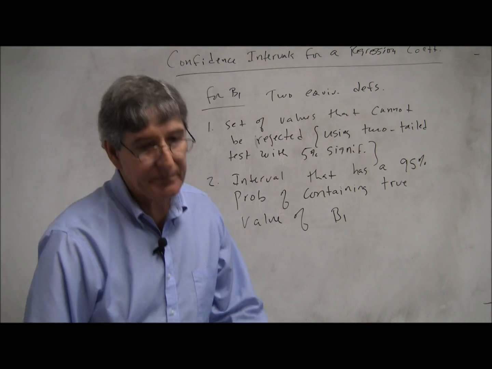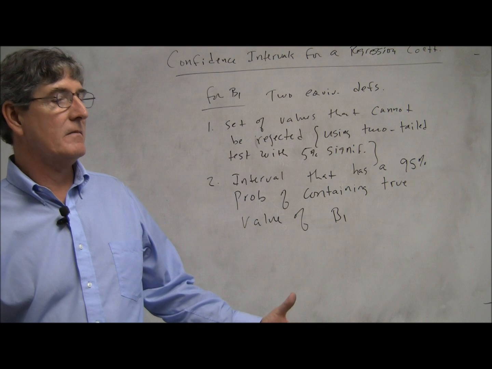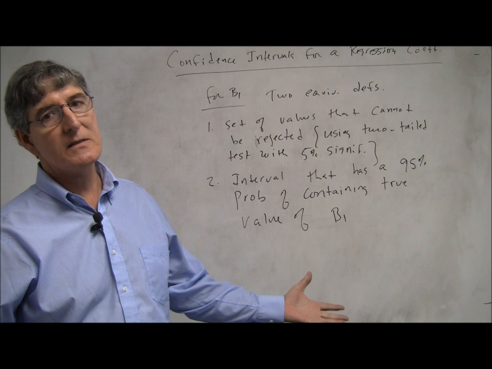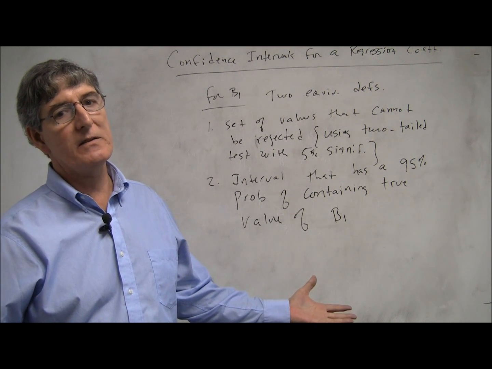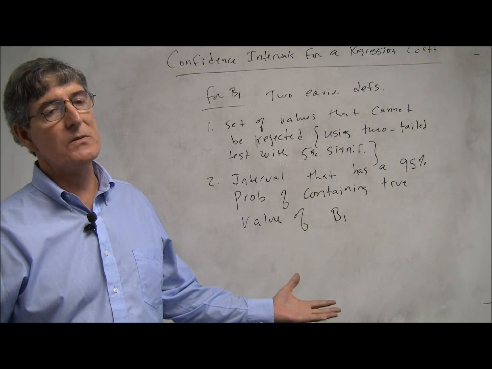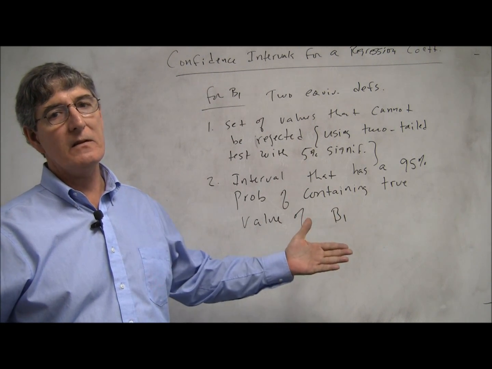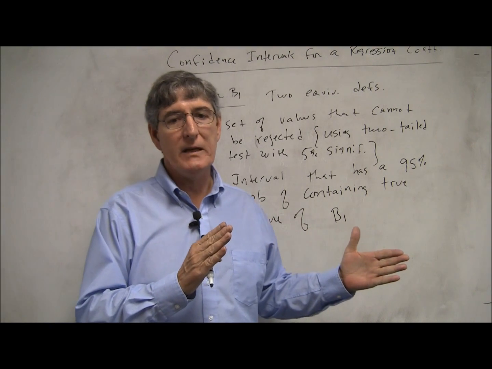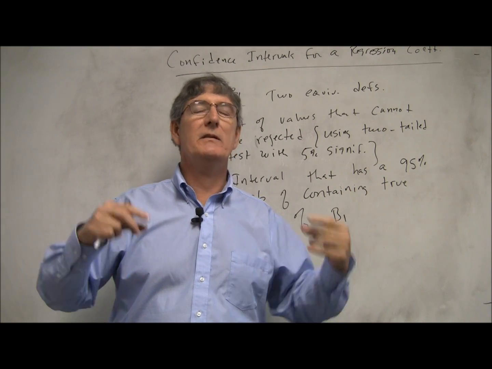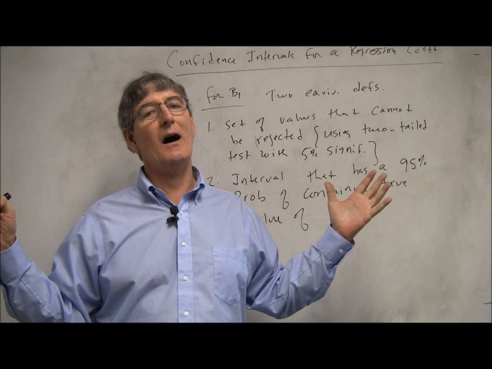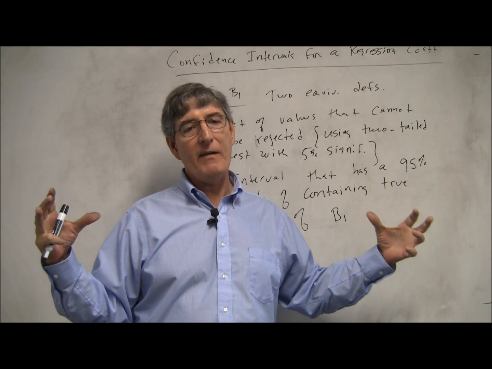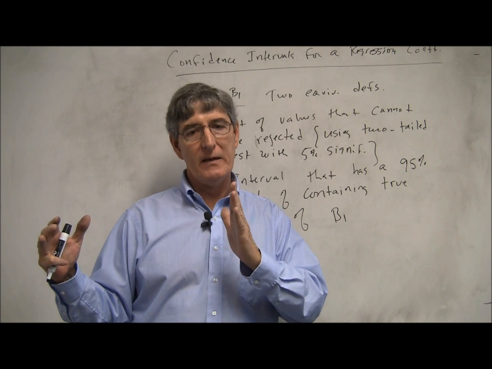So if we were to do this 100 times, draw 100 samples, estimate a regression 100 times, we would expect that in 95 of those, if we did the confidence interval, the true value of beta 1 would be in there. Not necessarily each time, but if you kept doing it over and over, on average you get 95%. So it's a range in which 95% of the time the true value will be in there.